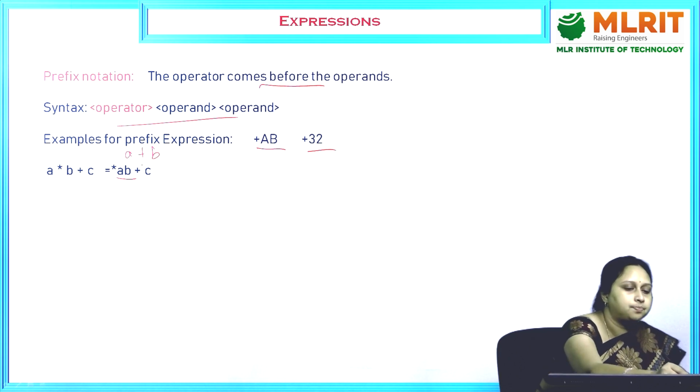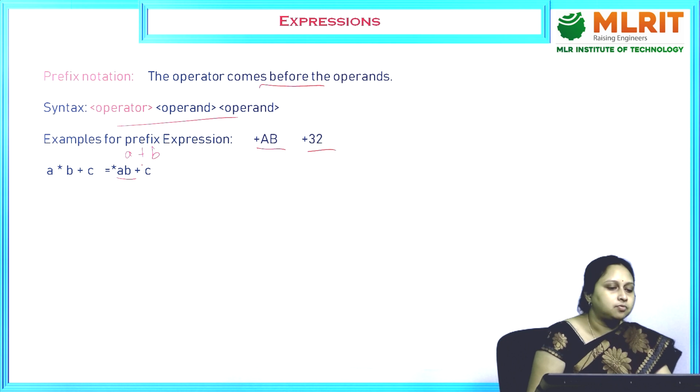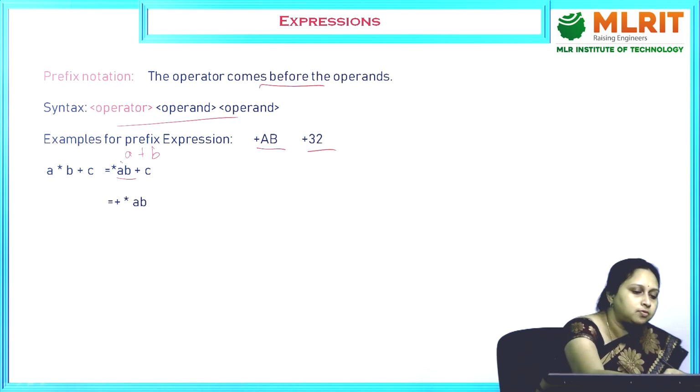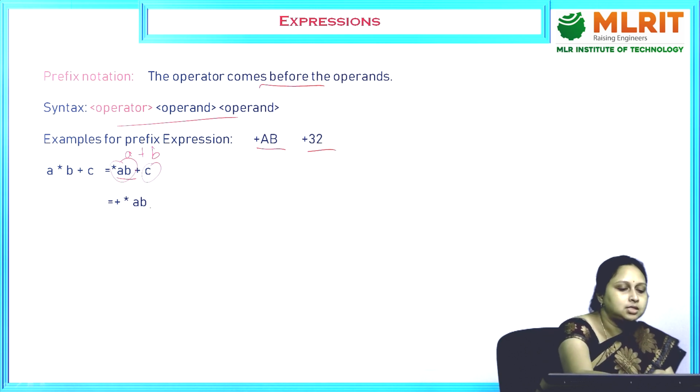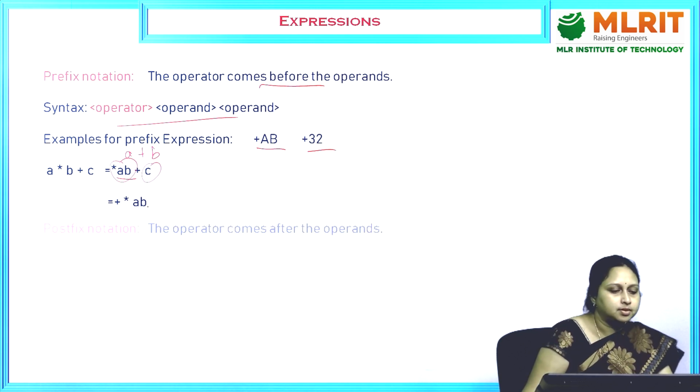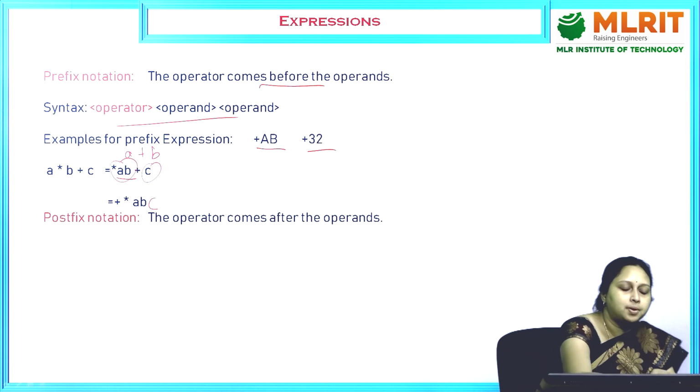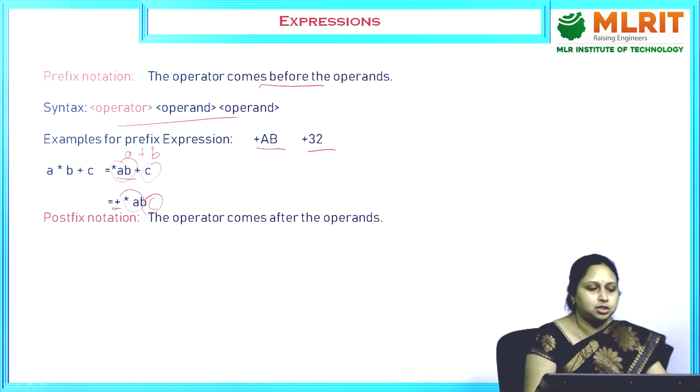Accordingly, we get the complete one. We consider it as A and this is B, and C. These are the operands where you place, and this is the A value, this is the B value, and this is the operator that should come before it. That's why plus star ABC has to come.